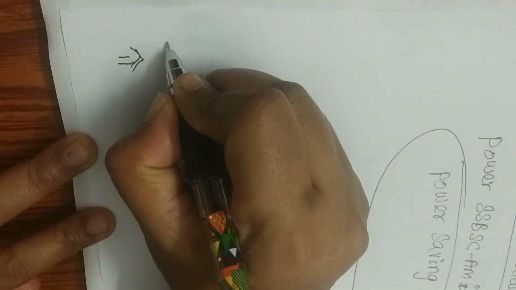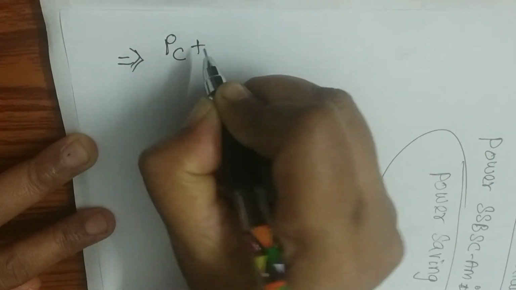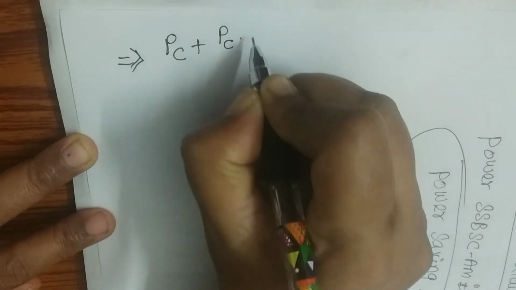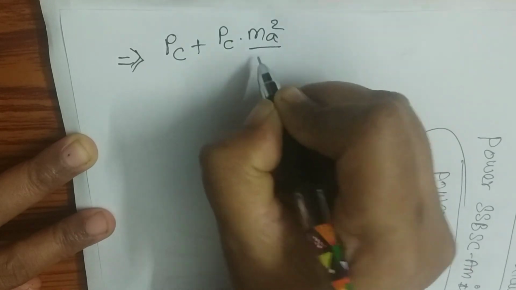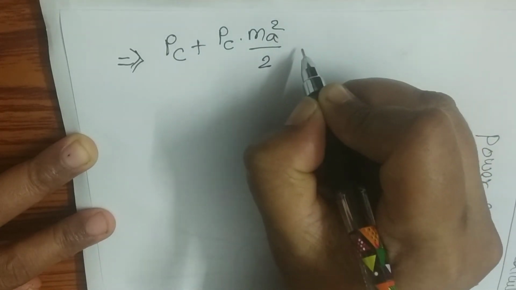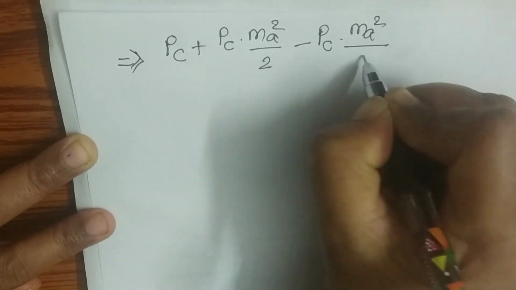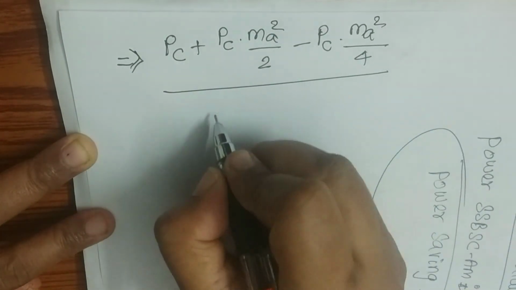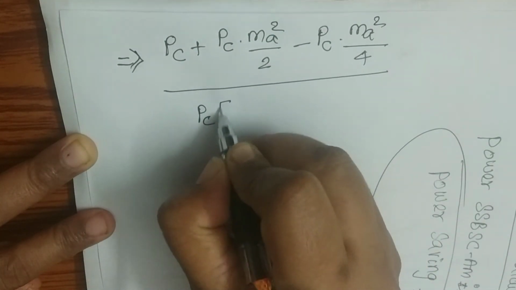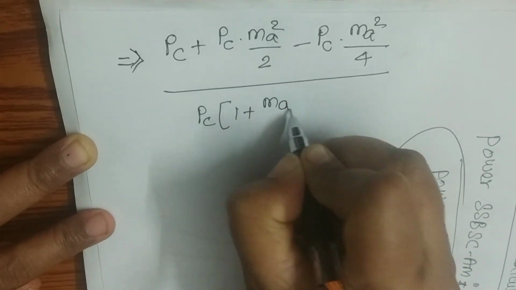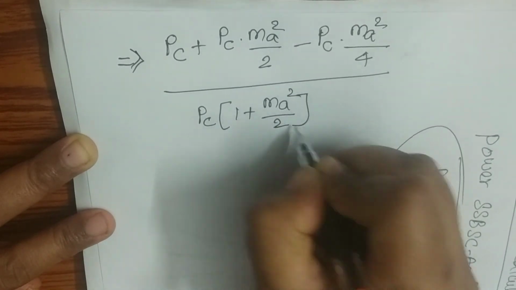I am expanding the previous step. So PC plus PC into MA squared by 2 minus PC into MA squared by 4, divided by PC into 1 plus MA squared by 2.